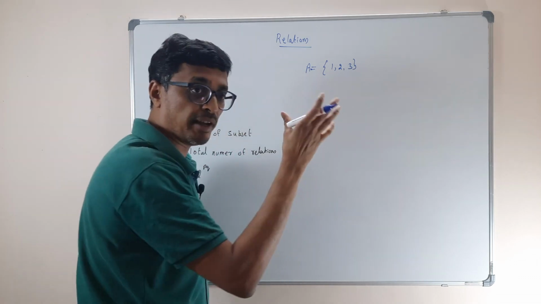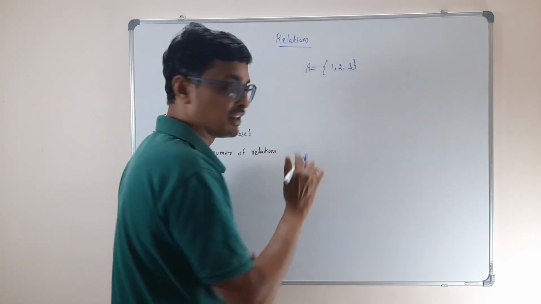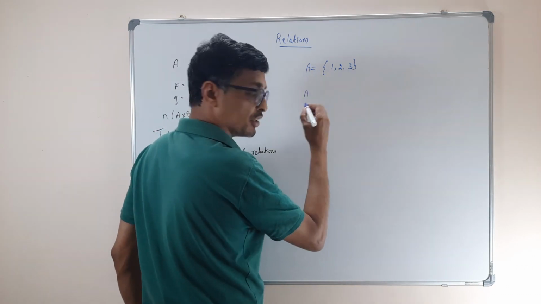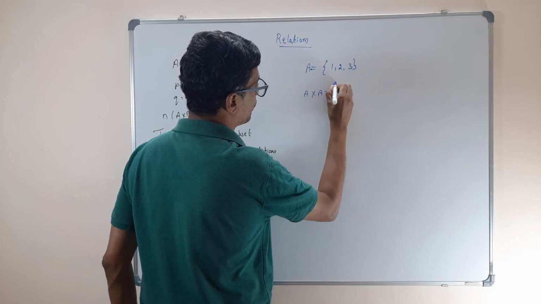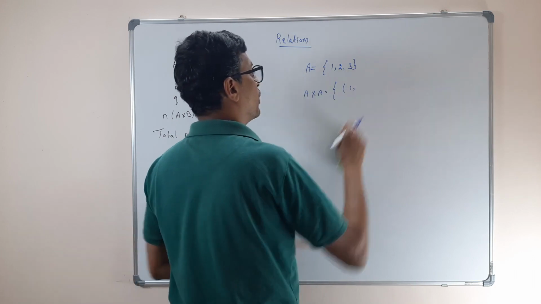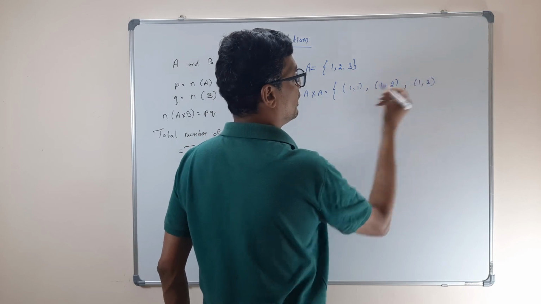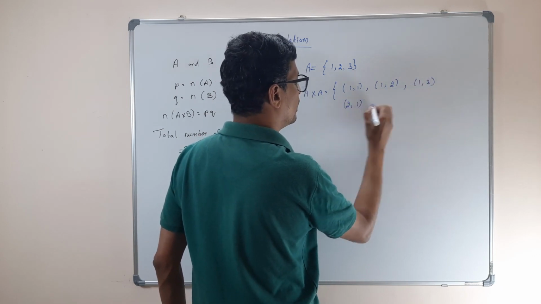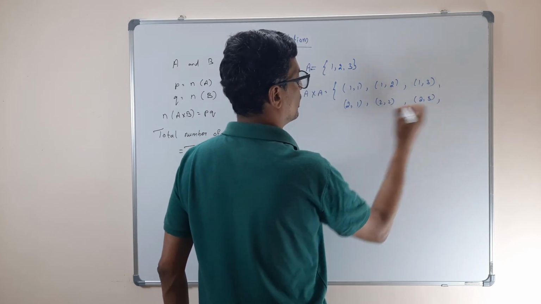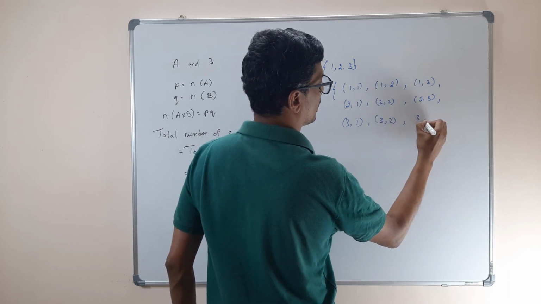I want to get a binary relation. All binary relations will be a subset of A cross A. So first let me write down the Cartesian product. A cross A will be equal to: (1,1), (1,2), (1,3), (2,1), (2,2), (2,3), (3,1), (3,2), (3,3).